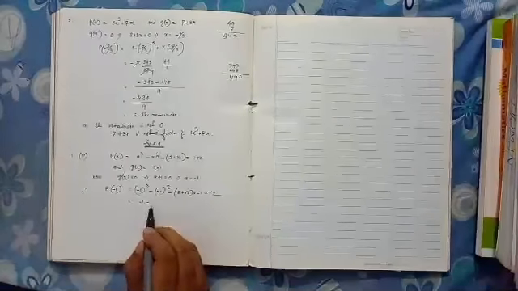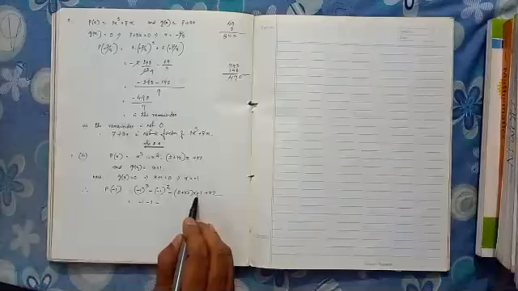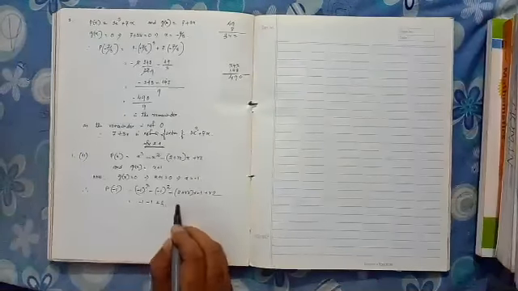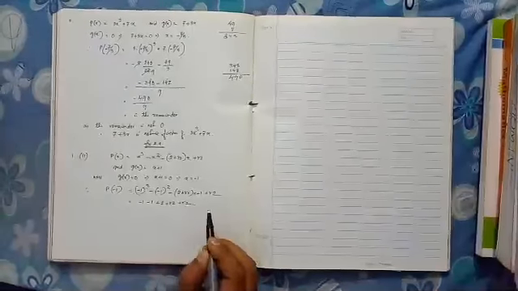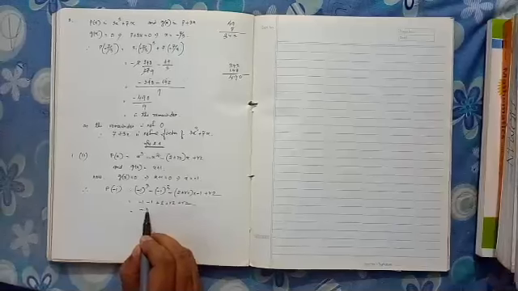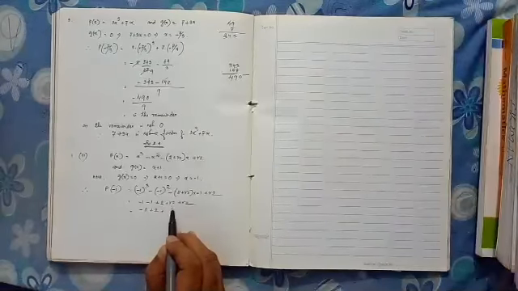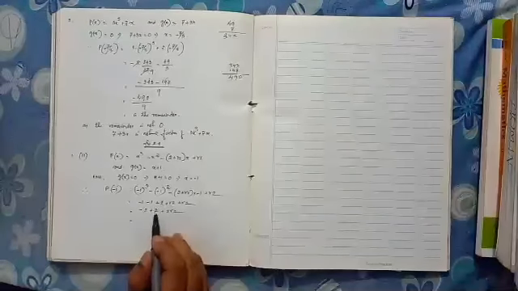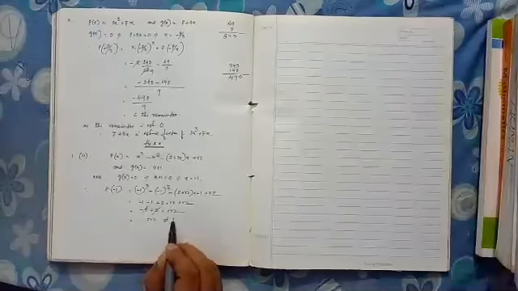So this is minus 1 minus 1, now minus into minus plus, so 2 plus root 2 plus root 2. That is equal to minus 1 minus 1 minus 2 plus 2 plus root 2 plus root 2, plus 2 root 2. This cancels, so 2 root 2, not equal to 0.